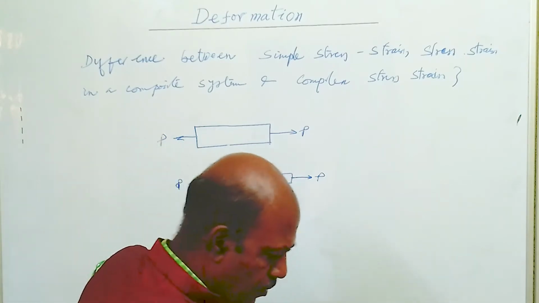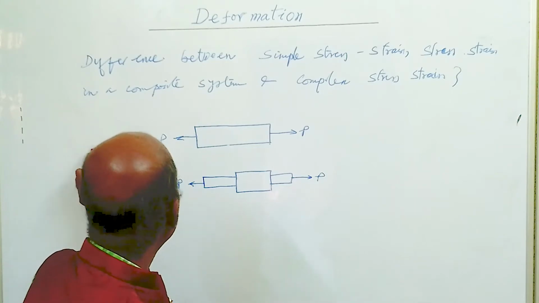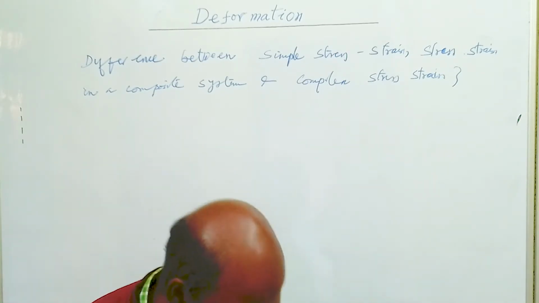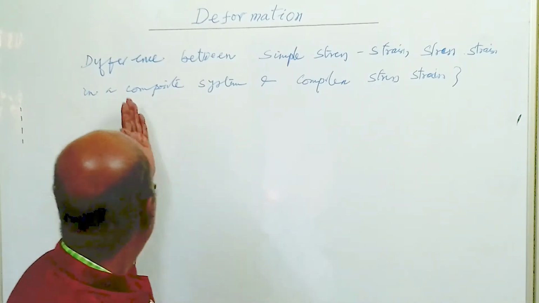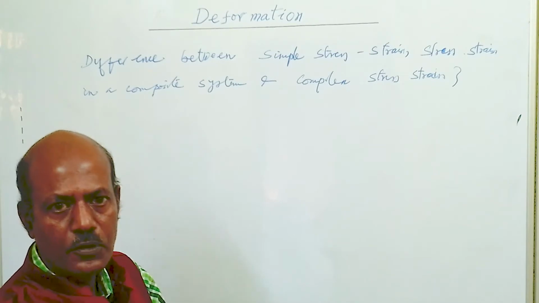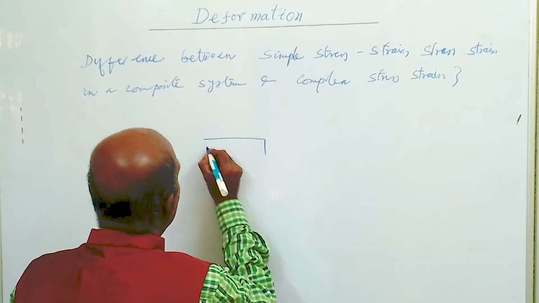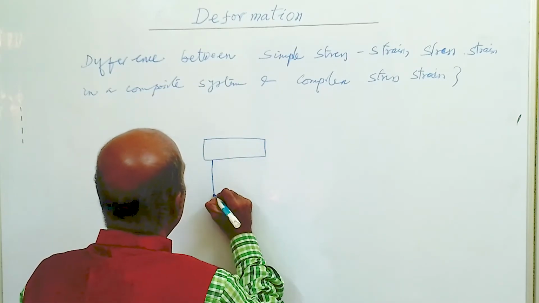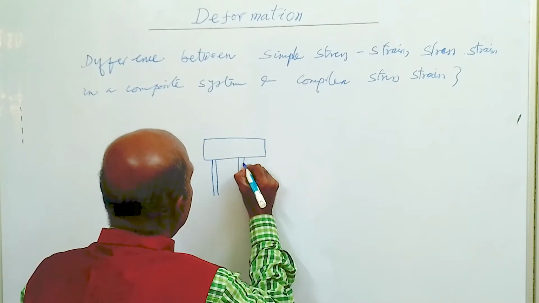Okay, now in the second case, that is in a composite system. If the total load is shared by more than one member, then that is known as a composite system. For time being, you consider that this is the heavy load. This load is taken by a number of bars of different material.